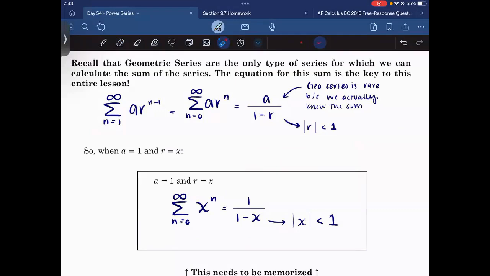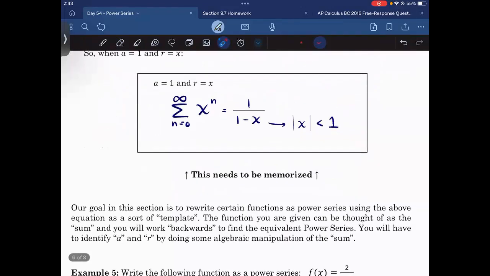Our first one is when a equals 1 and r equals x. We're going to have the summation equal to 1 over 1 minus x, where the absolute value of x is less than 1. This needs to be memorized, which is why it's right there. We're definitely going to see this a lot in the next couple of days.